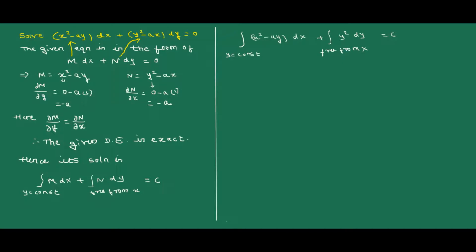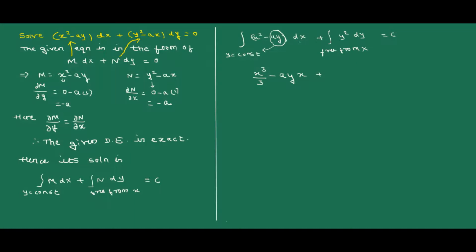Okay, now treating y as constant means, first what is integration of x square? Integration of x square is x cube divided by 3, minus a is constant and this y is also constant because they are given y is equal to constant, and minus ay I will write as it is. The remaining term is dx, and what is integration of dx? Integration of dx is x.